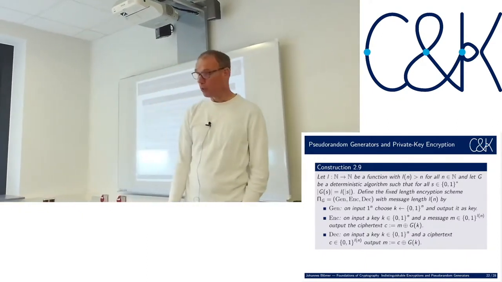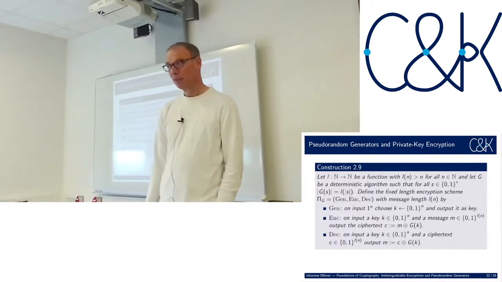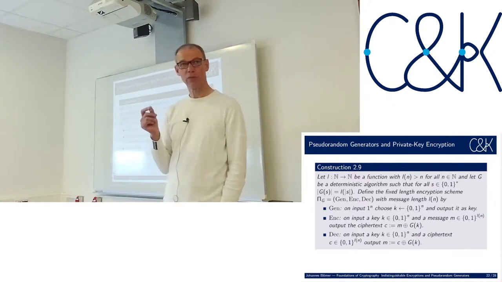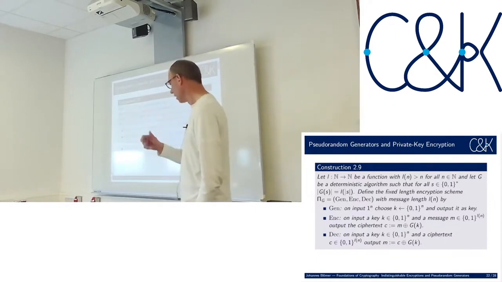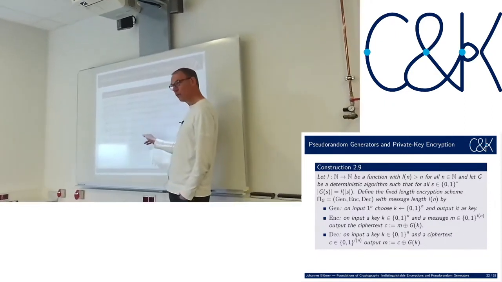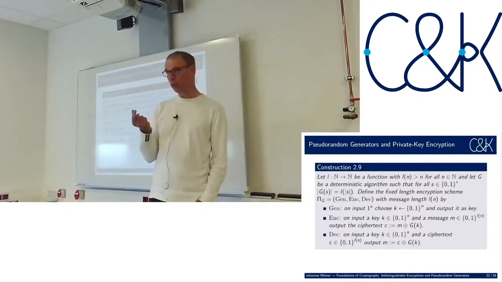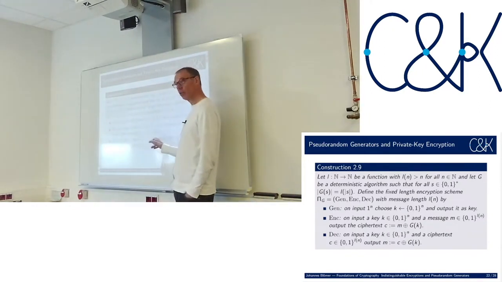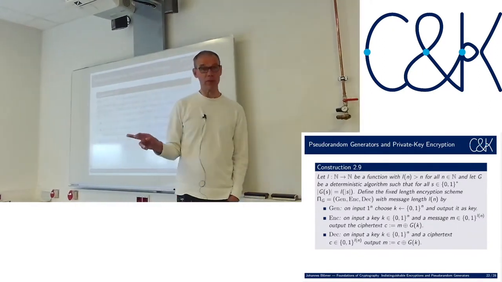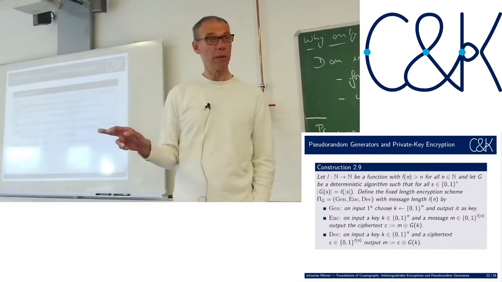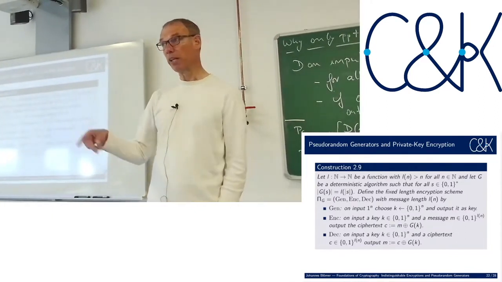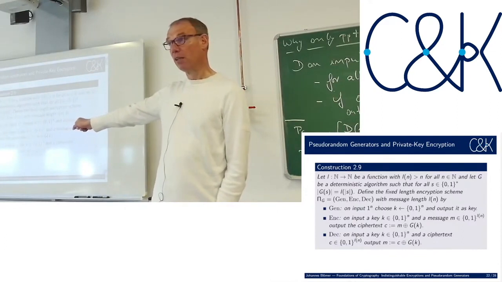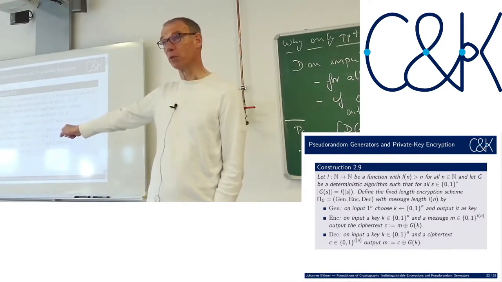The intuition for the security of this scheme is one sentence. If G is a pseudorandom generator, these things look like random bit strings to any polynomial time adversary. If we use a random bit string here, we have the one-time pad, and we know that the one-time pad has indistinguishable encryptions.